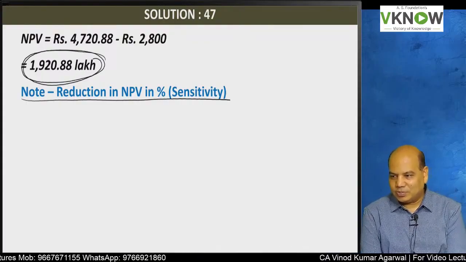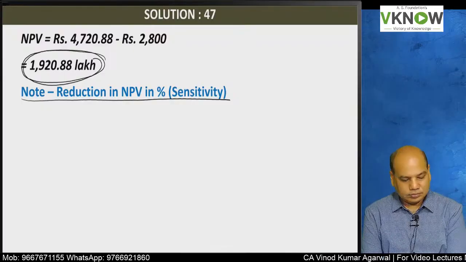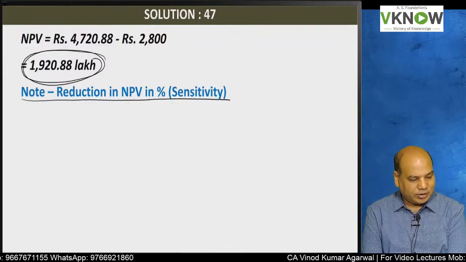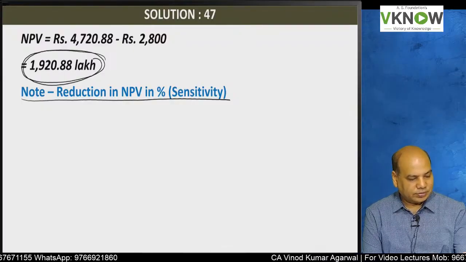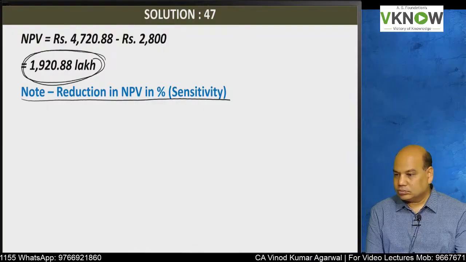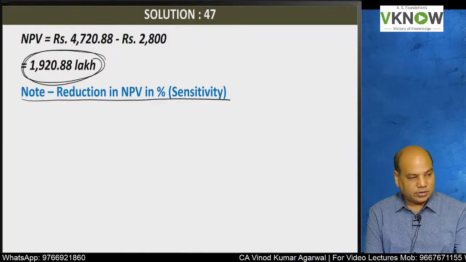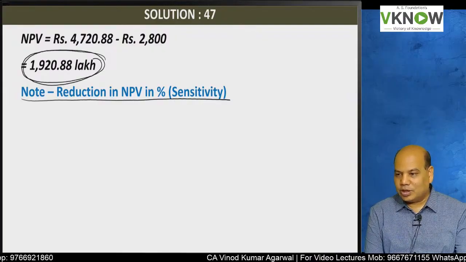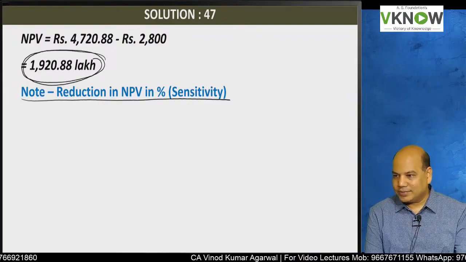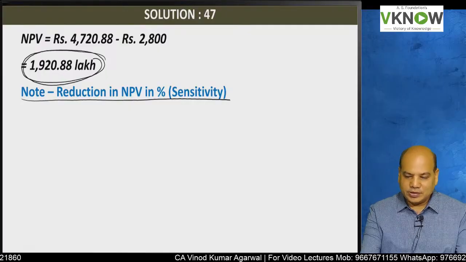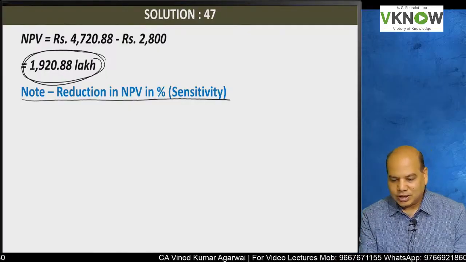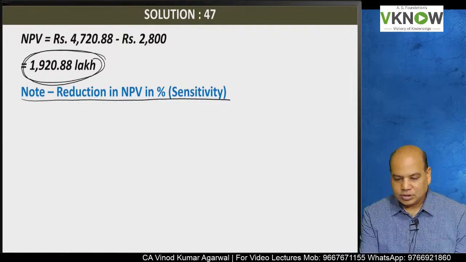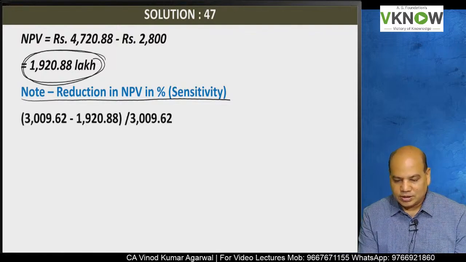Reduction in NPV in percentage. Previous answer was 3009.62. Now it is 1920.88. By what percentage NPV has declined?